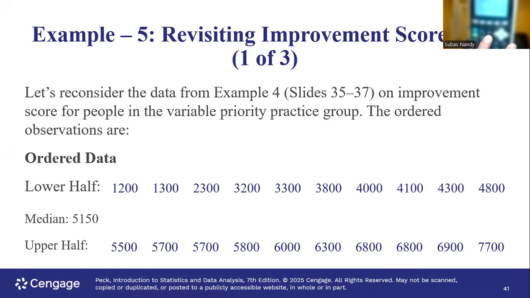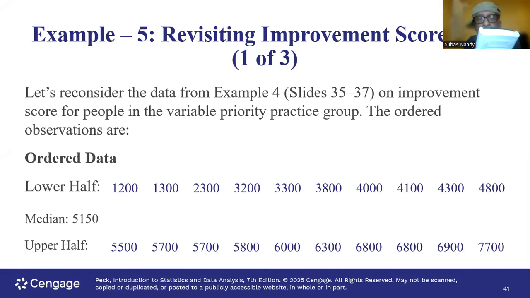I press the stat button on the second row and then press number 1, which is Edit. In front of me in the calculator, I have L1, L2, L3, L4, etc. L stands for list. So we will enter the data in list 1, because this is an entire data set.